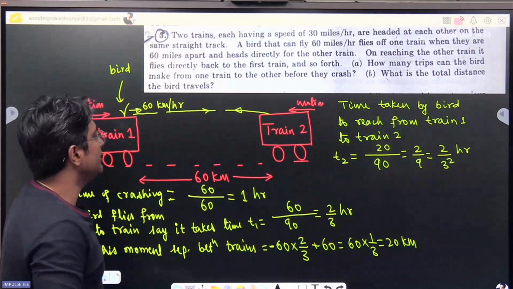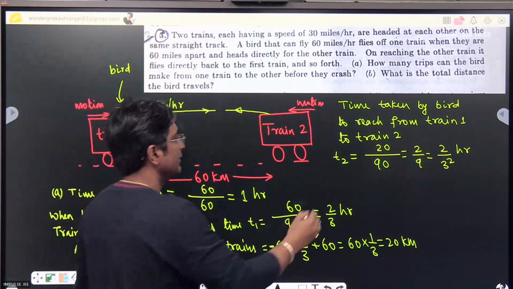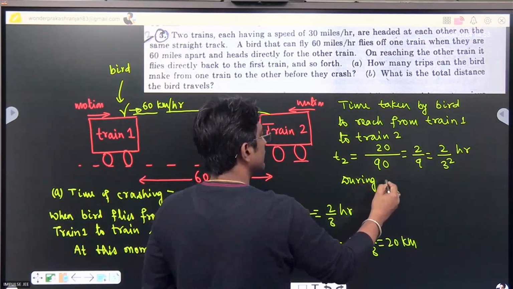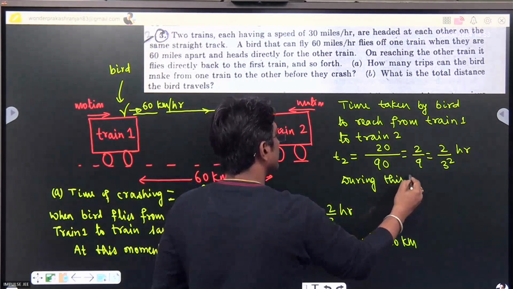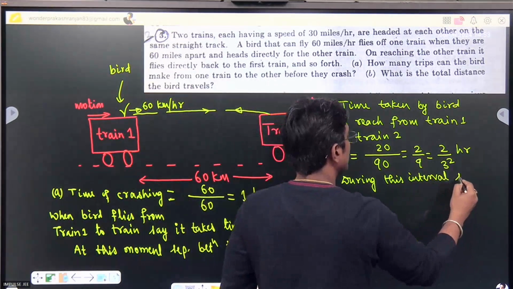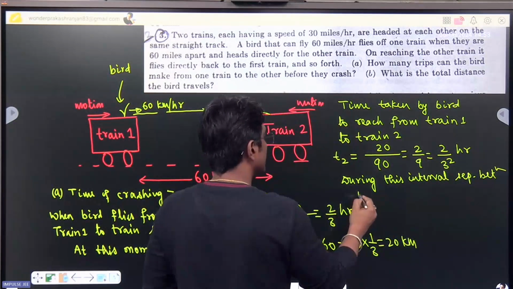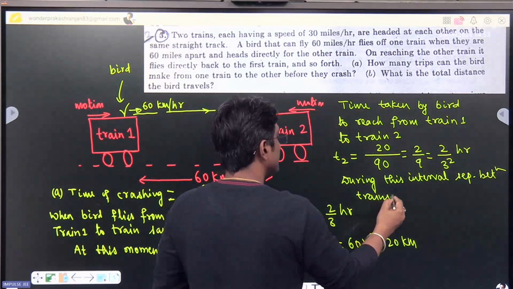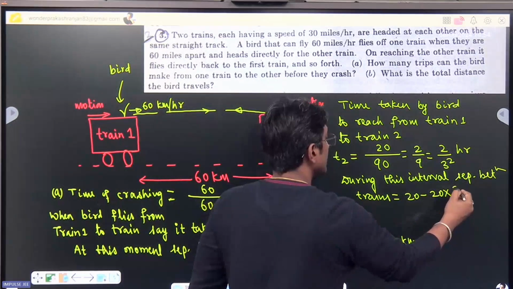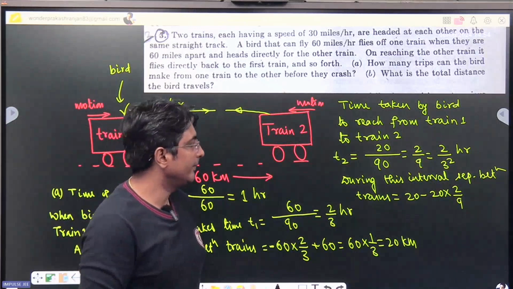During this interval, again we can find the separation between the trains. Separation between trains can be written as 20 minus 20 into 2 by 9.